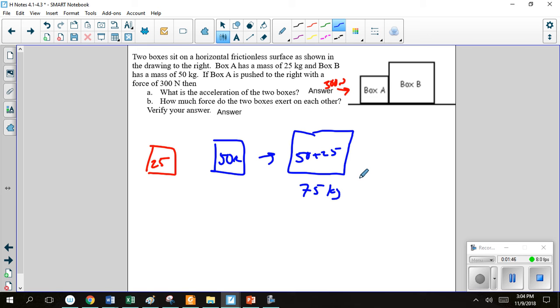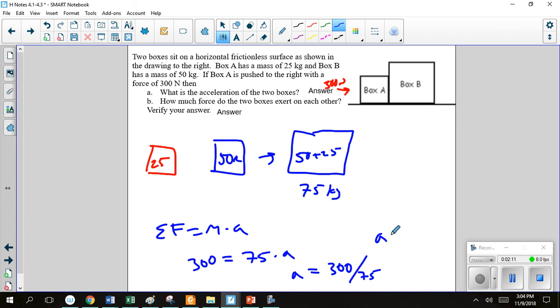Now our net force equals our mass times our acceleration, so 300 equals 75 times a, so therefore a equals 300 divided by 75.